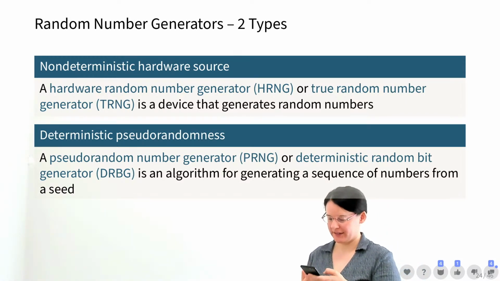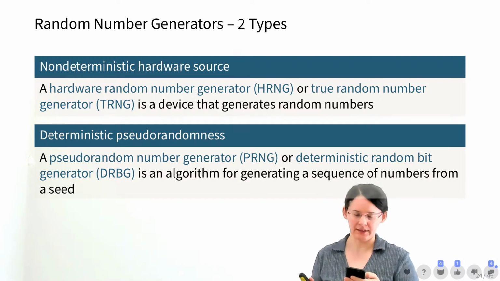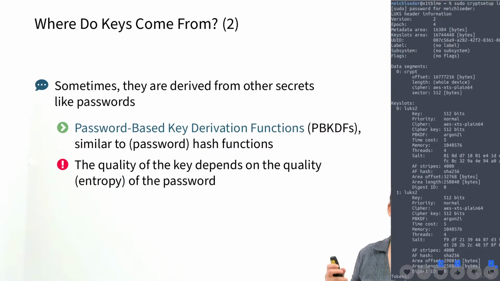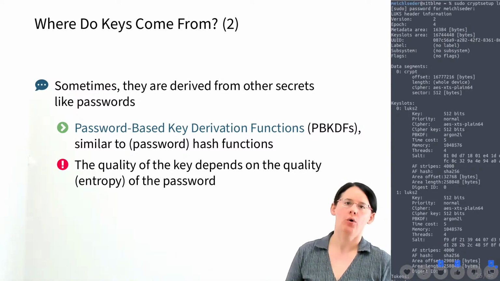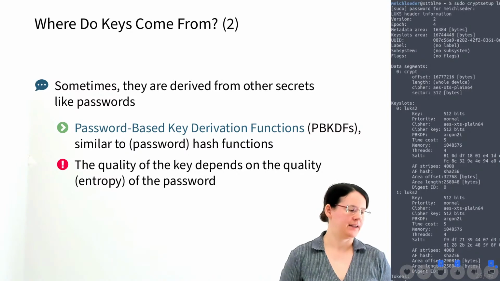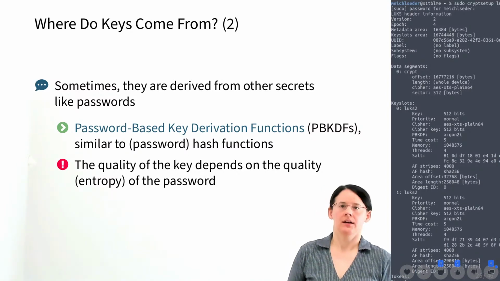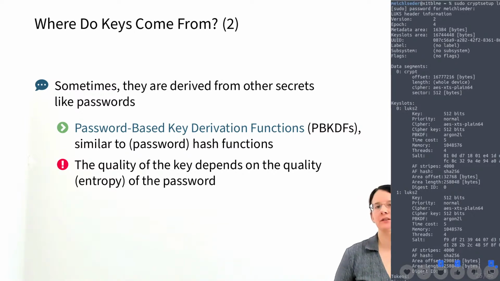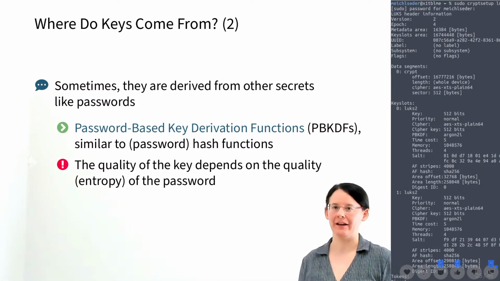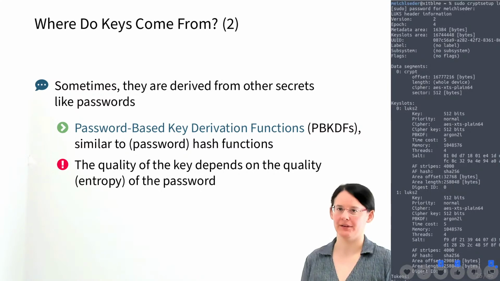Another way how to get keys is that in some cases they're actually derived from another secret, like a password, or for example, the values that you exchange in a Diffie-Hellman key exchange. So you need a way of deriving keys from other values.